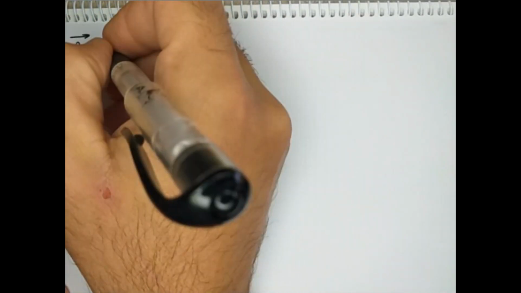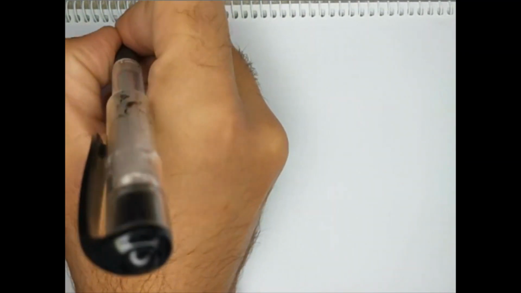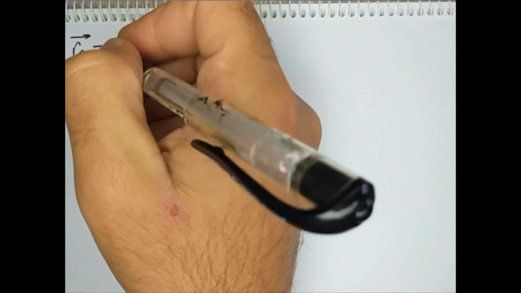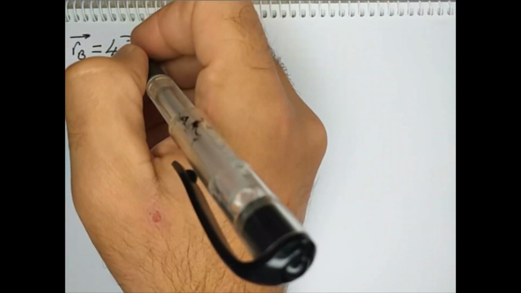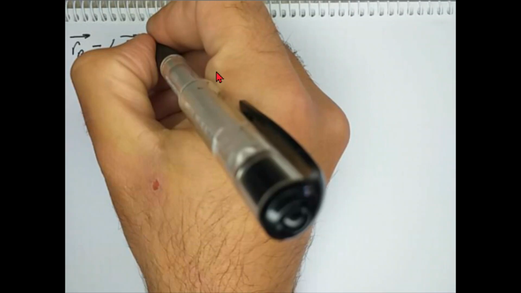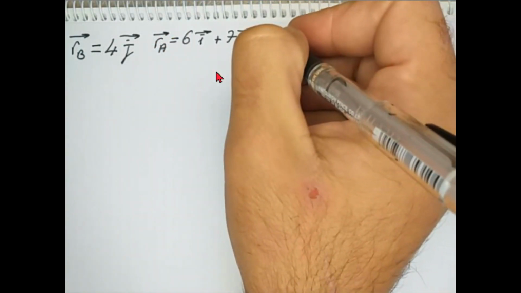So first, RB. RB is equal to 4j. Now, if I look at RA, RA is equal to 6i vector plus 7j vector minus 2k vector.